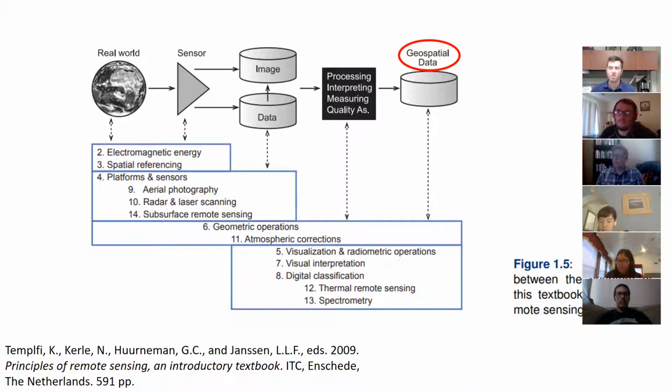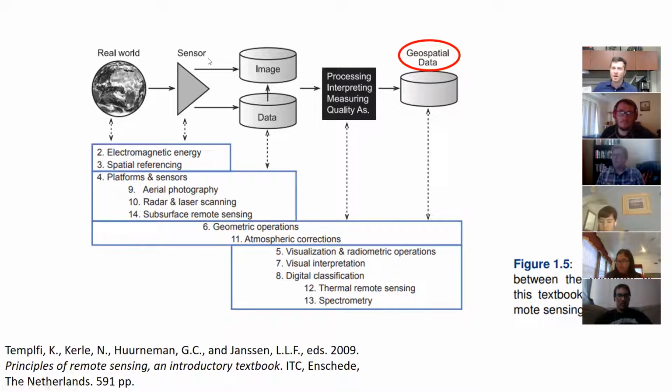That's one form of sensing, or you could have a hyperspectral, multispectral sensor that's keyed into different parts of the electromagnetic spectrum that may or may not be visible to our eyes. There are even sensors that can see underground.